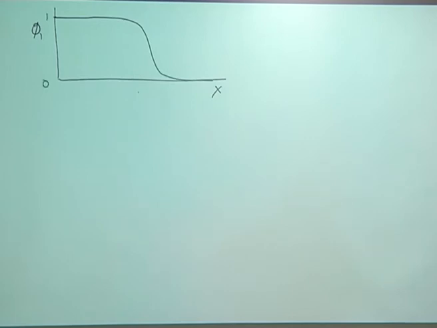And you have phi 2 that looks like this. That looks like that. And so this has a well here for grain 1.